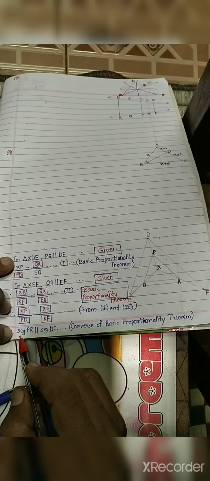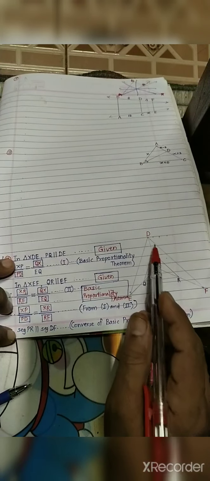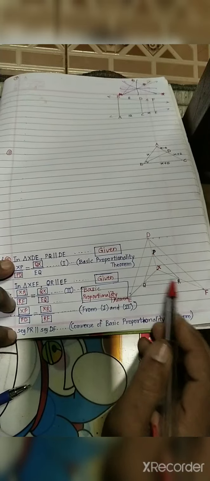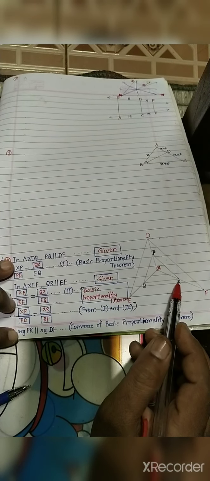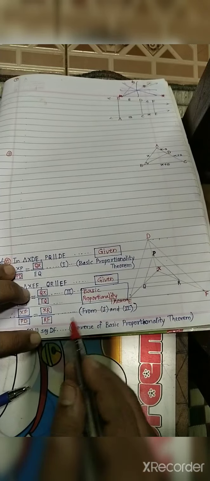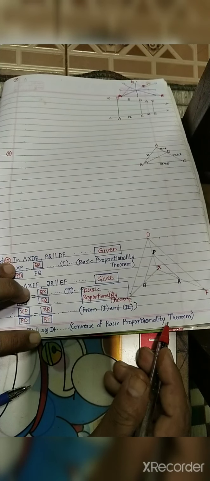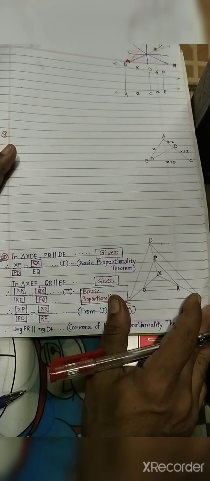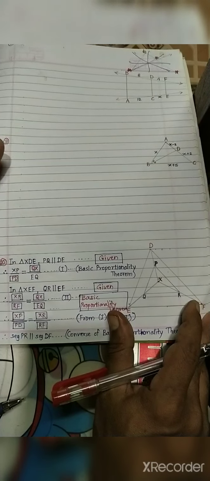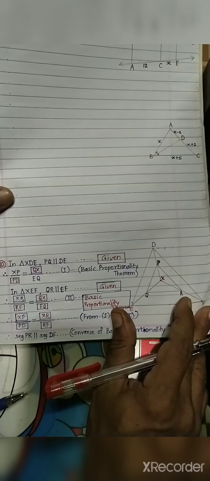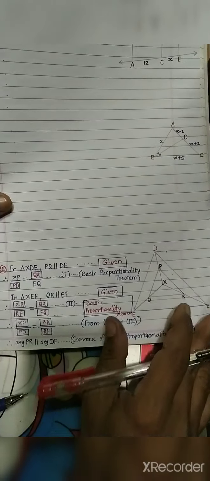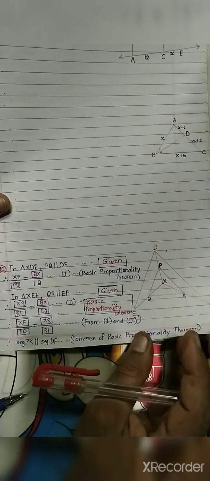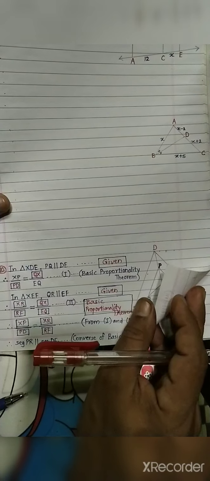So here in triangle DXF, seg PR is parallel to seg DF, and the reason is converse of basic proportionality theorem. Okay, so in this way we have solved our 10th example in practice set 1.2. Here also 11th example is reduced from the syllabus for us only for this year. Okay.